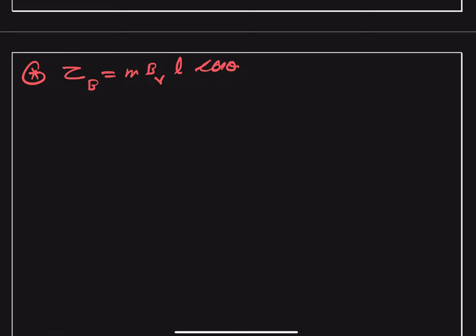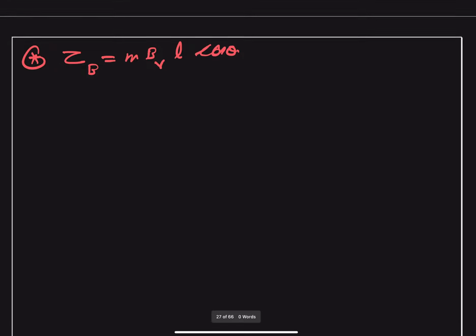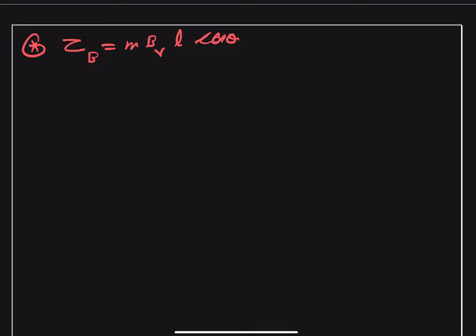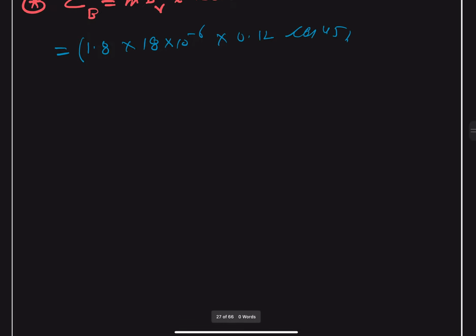We substitute all the values: 1.8 into 18 into 10⁻⁶, and we are given length as 0.12, and the angle is 45, that is cos of 45. So this gives us that the torque due to the magnetic field will be 2.72 into 10⁻⁶.